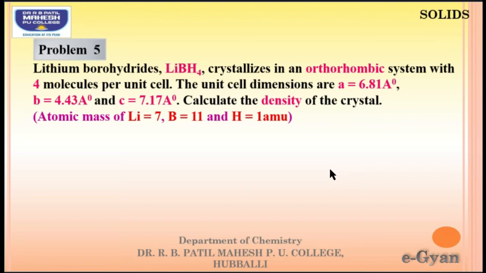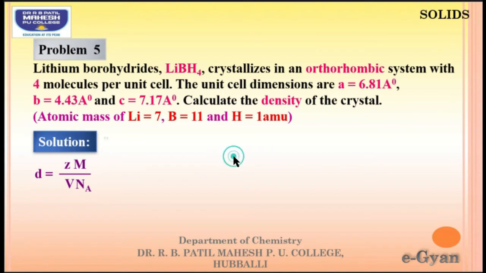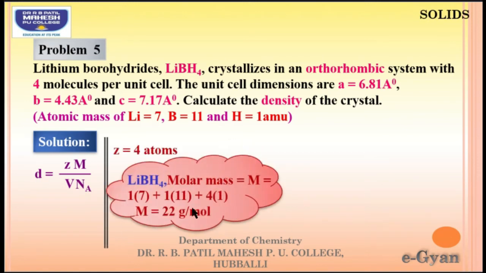The given atomic mass of lithium is 7, boron 11 and hydrogen 1. Solution: the density formula is Z into M divided by V into Na. So Z is equal to 4. The molecular mass of LiBH4 is 7 plus 11 plus 4, which is equal to 22.